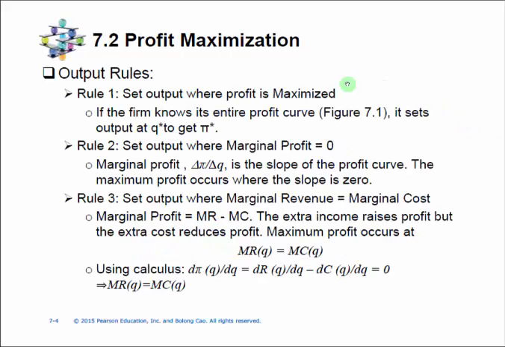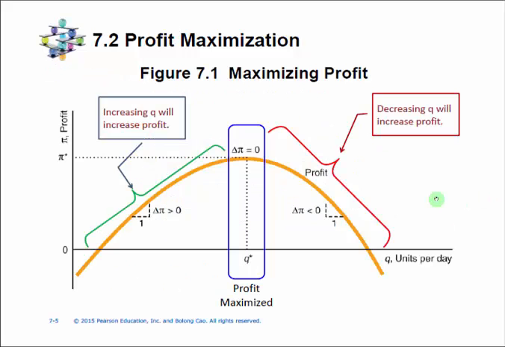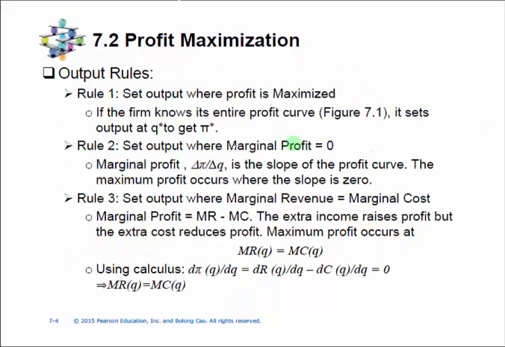That is why we have the 3 rules, right? And let's look at the textbook picture here. At Q star, where it maximizes the total profit, you produce at that quantity. And the second rule says what?